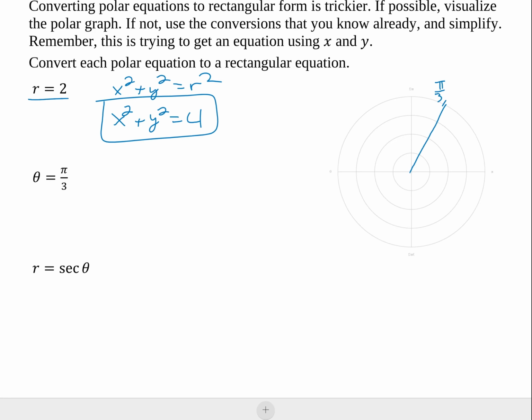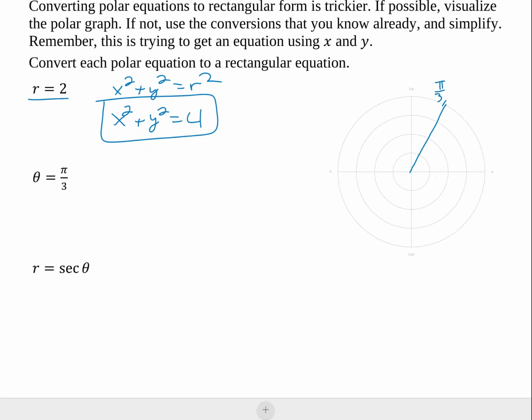Okay, so if r cosine theta and r sine theta are what we're dealing with, then what I can do is say, all right, my theta is pi over 3.